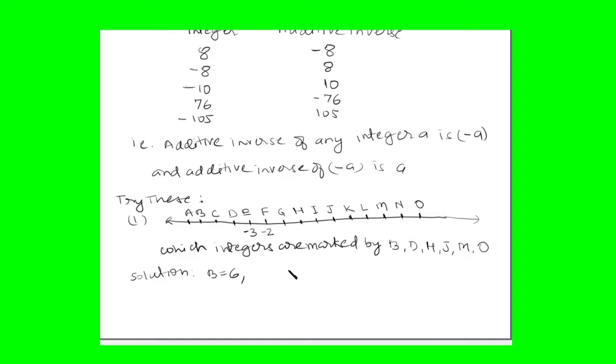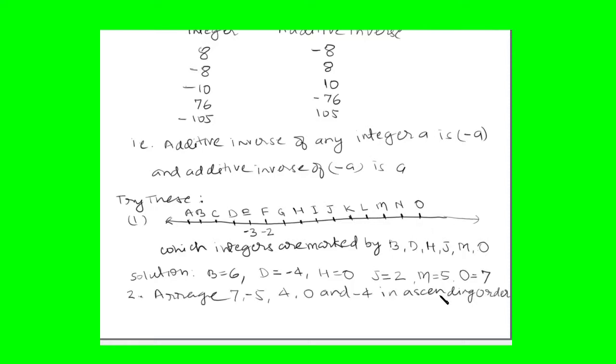Now D: -3 is E, so we move towards the left, so D is -4. H: F is -2, so G is -1 and H is 0. H is 0, I is 1, J is 2, as we are moving towards the right. Then M: J is 2, K is 3, L is 4, M is 5. As M is 5, N is 6 and O is 7.